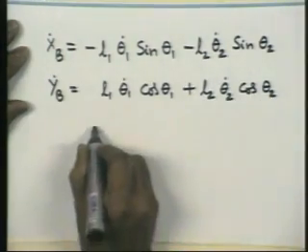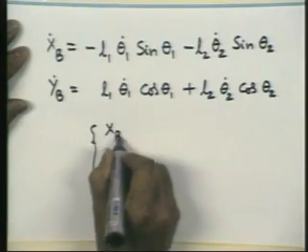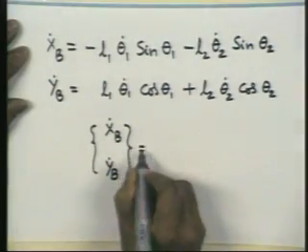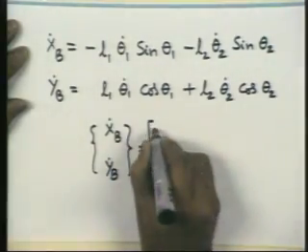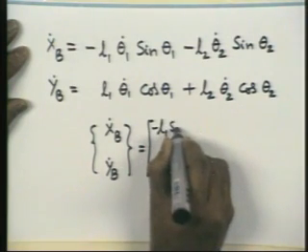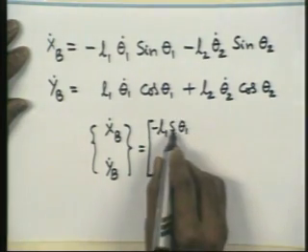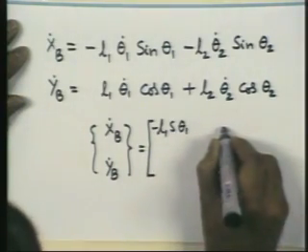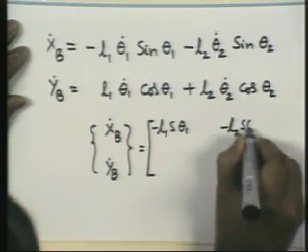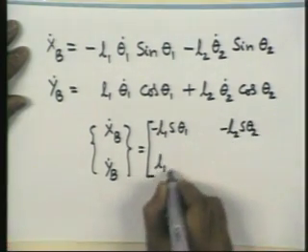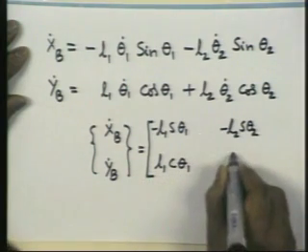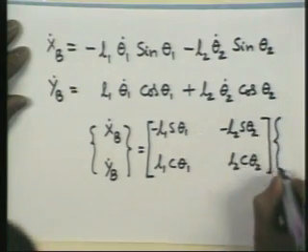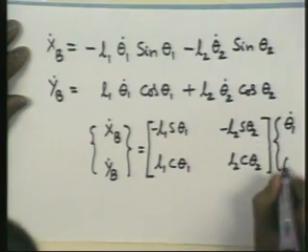Or in general, if you want to capture it as a matrix equation, xb dot, yb dot on one side, you will have minus L1 sin theta 1, minus L2 sin theta 2, L1 cos theta 1 and L2 cos theta 2. I am using the abbreviated notation S for sin and C for cos, so that you get compact expressions, with the joint space coordinate velocities theta 1 dot and theta 2 dot.